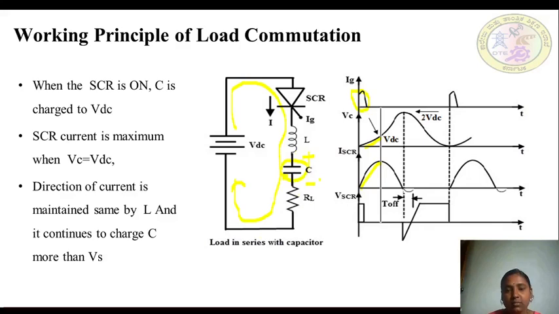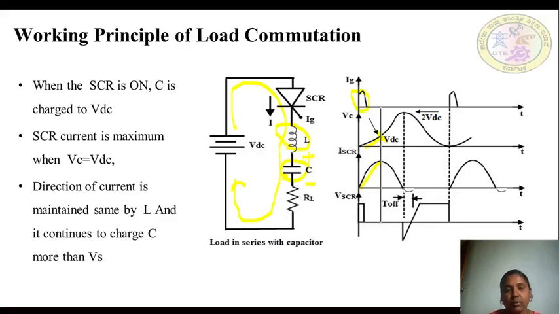Now after some time interval, the capacitor is charged to the supply voltage, as shown in this region. When it is fully charged, it will not charge again by itself, but because of the inductor present here, the property of an inductor is that it does not change the direction of current immediately or suddenly.